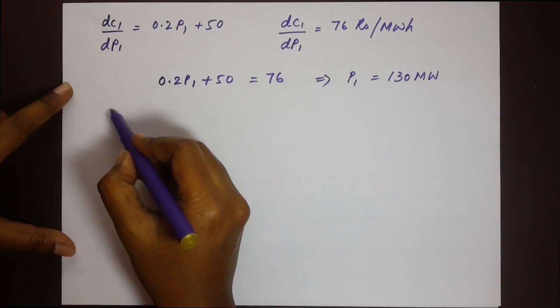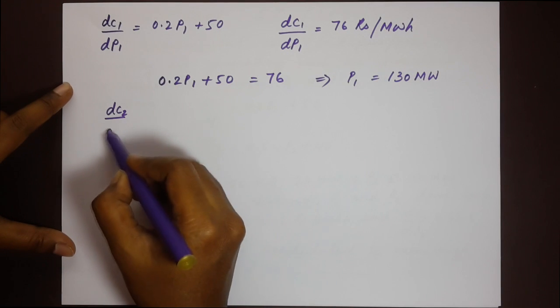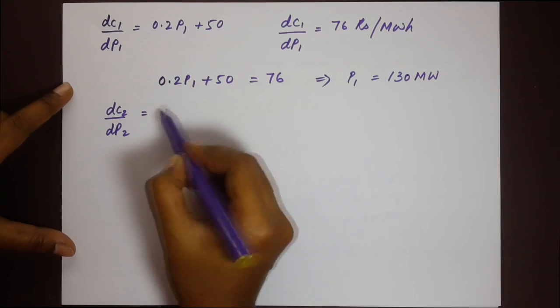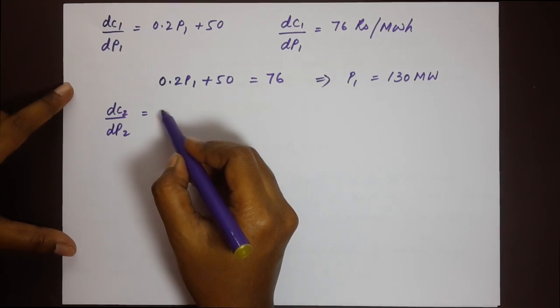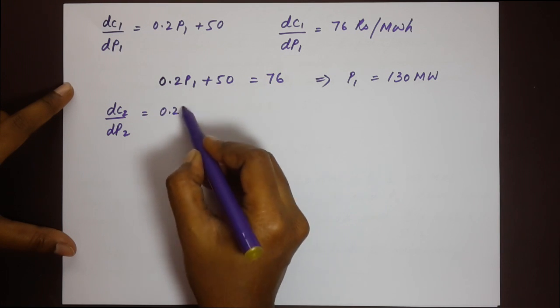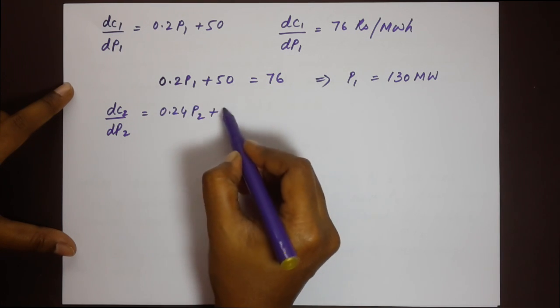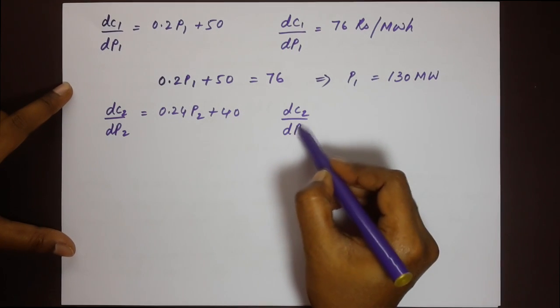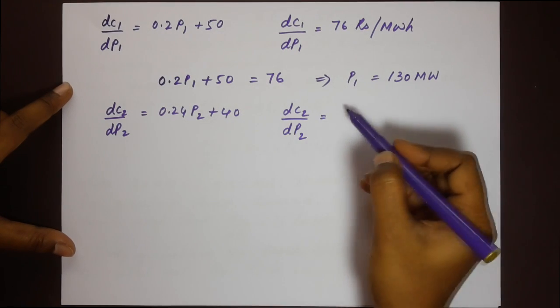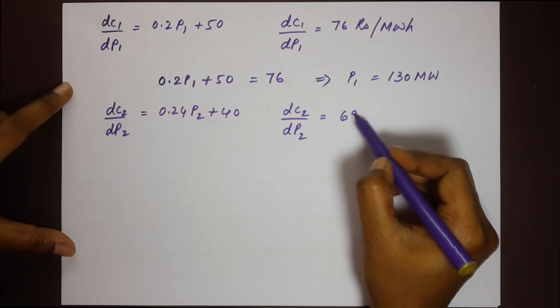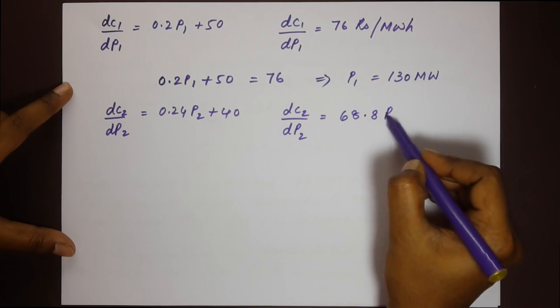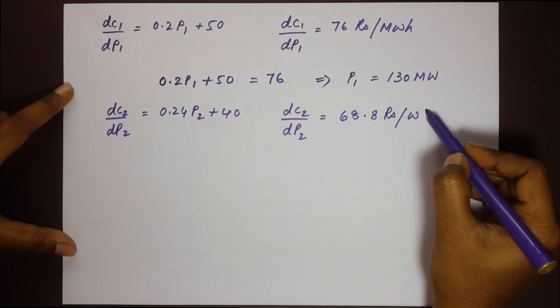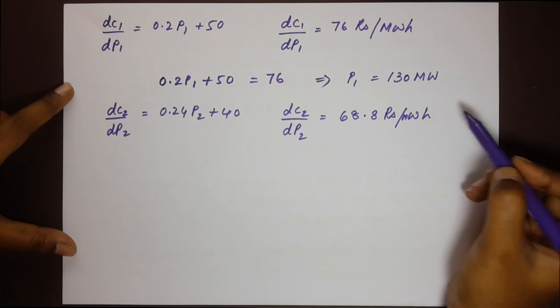Similarly, we do the same thing for dC2/dP2. We have the equation given as 0.24 P2 plus 40, and the value of dC2/dP2 is given as 68.8 rupees per megawatt hour.